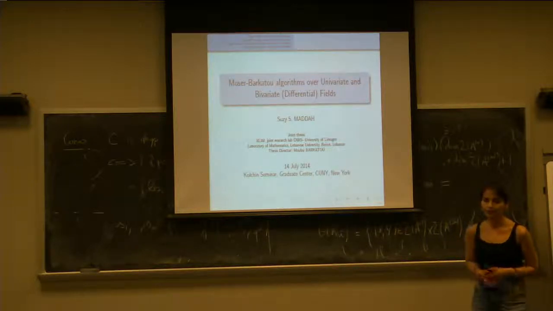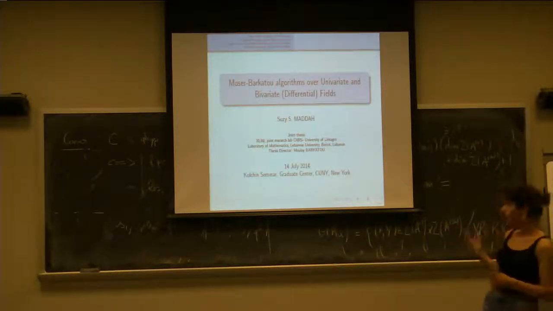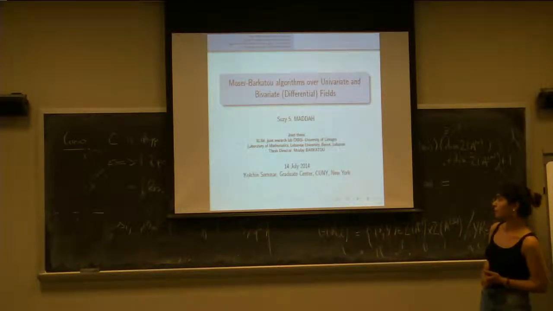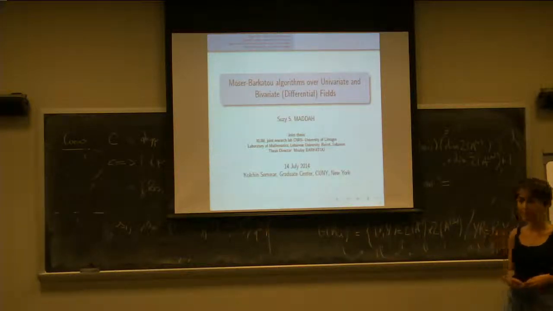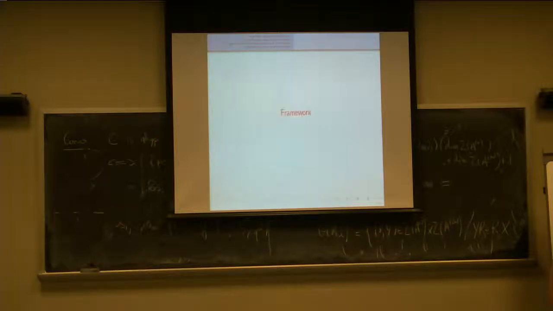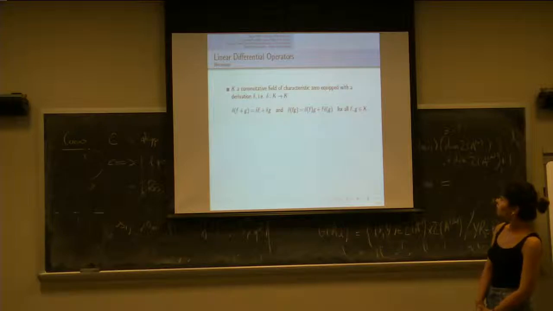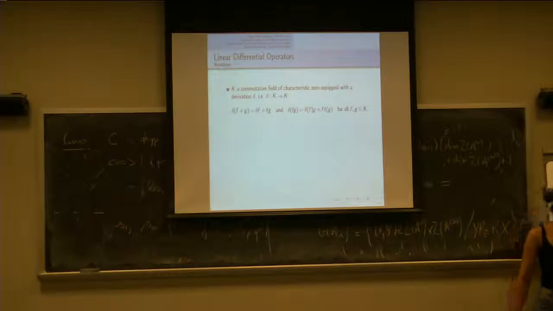So before going through my work, I'll start by giving the motivation why it is important, or vital, to generalize these algorithms to the bivariate fields and how they can be manipulated and used. I suppose that K is a commutative field of characteristic 0 equipped with a derivation delta. C here is the field of constants.